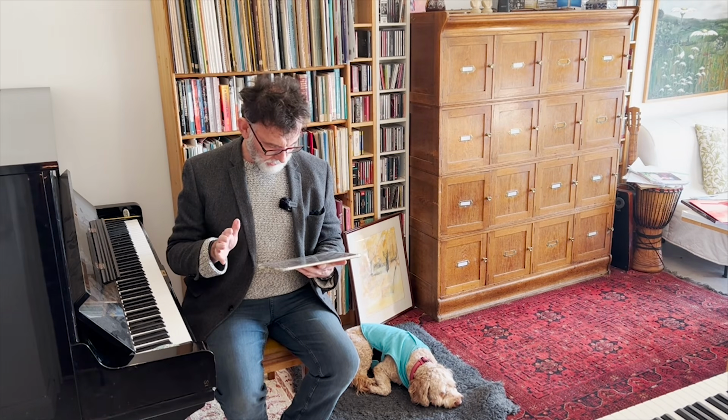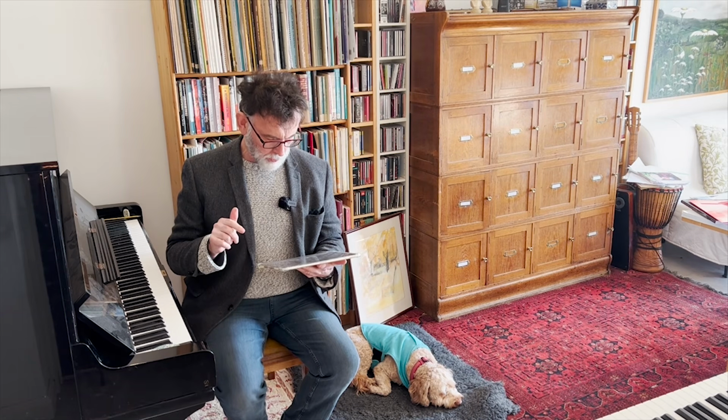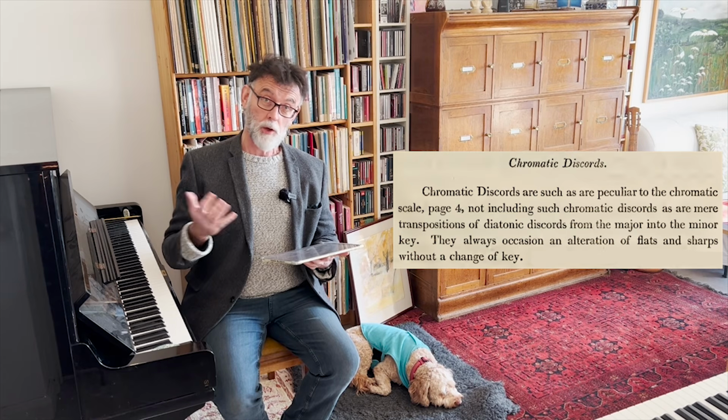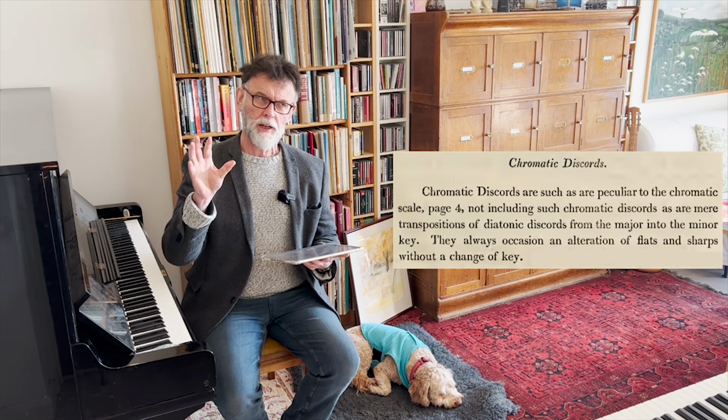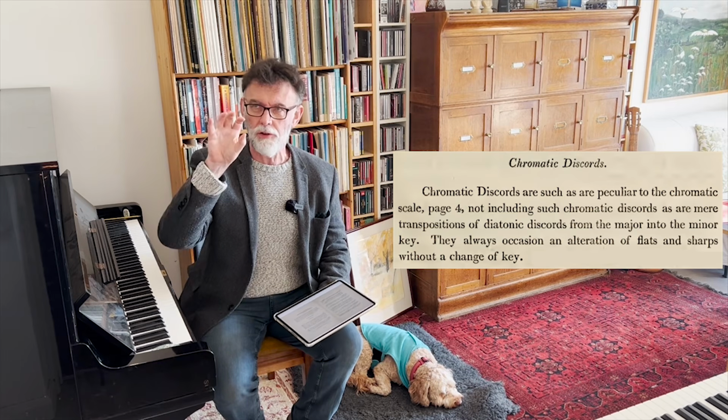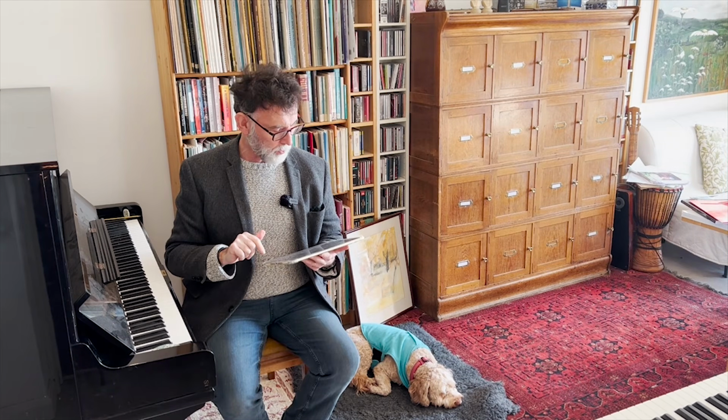The interesting thing is that it's in a chapter called Chromatic Discords. So he introduces the idea of all these chords as examples of chromatic discords, in other words, chords that lie outside the standard harmonic vocabulary. And he's calling them all dissonances of various sorts.